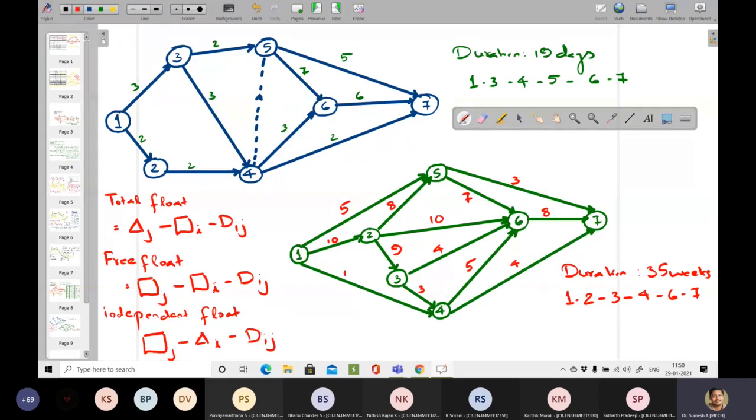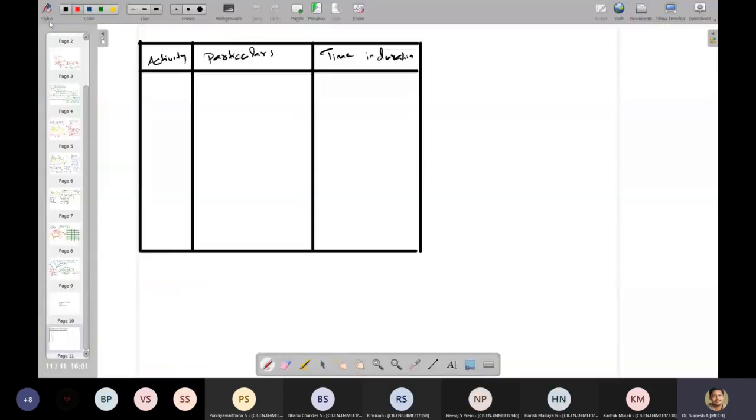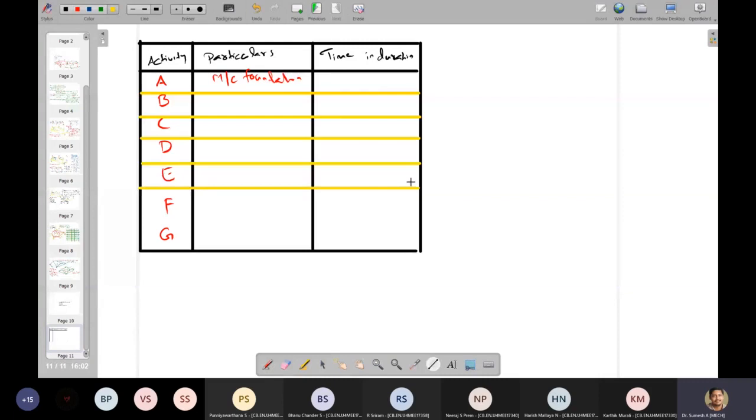So calculate the project duration and calculate the float values. Okay, so I'll just give you a problem to work out, then I will move into the next part. A is machine foundation. B is electric fitting. C is repair of floor. D is installation of machine.